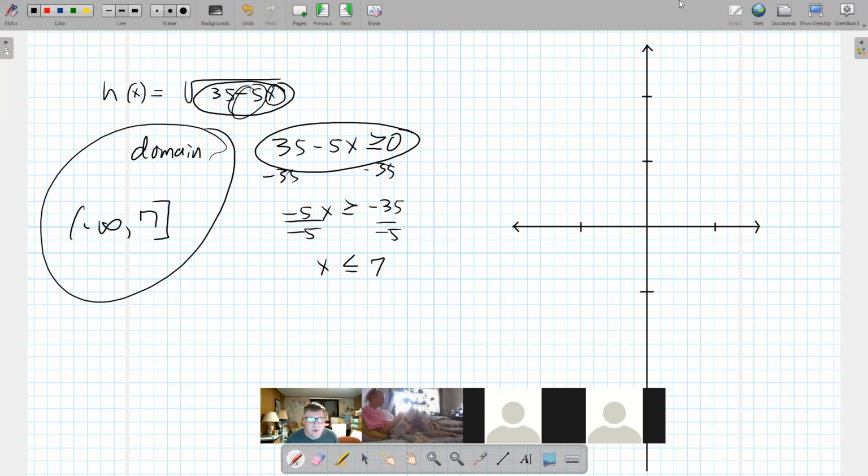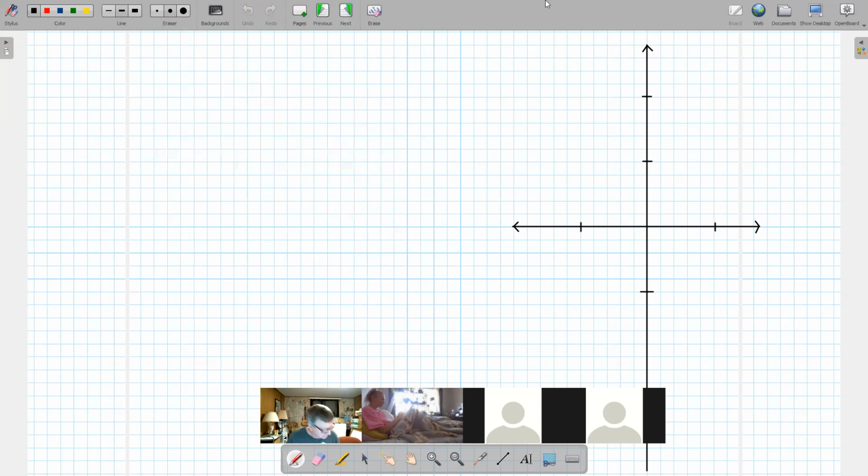Let's do one more example of that. T of a equals the square root of 3a plus 17. What is the domain? Well, we take 3a plus 17 and make it greater than or equal to 0. Solve for a.